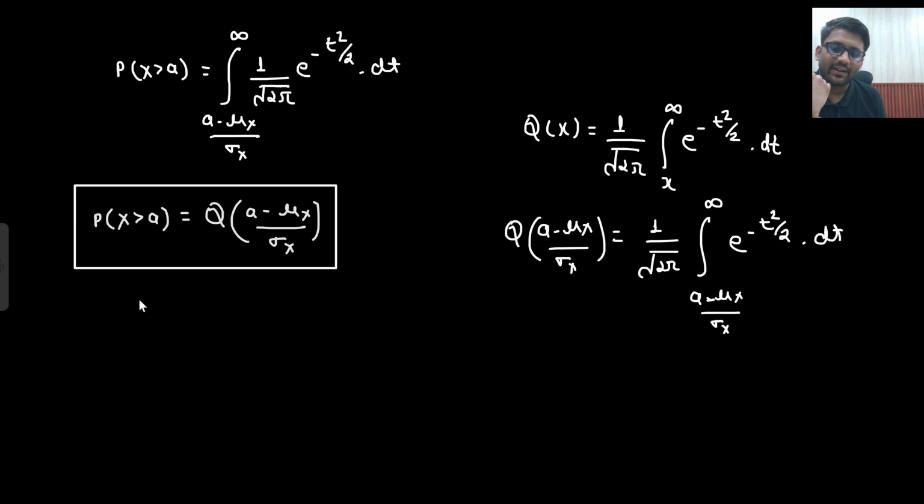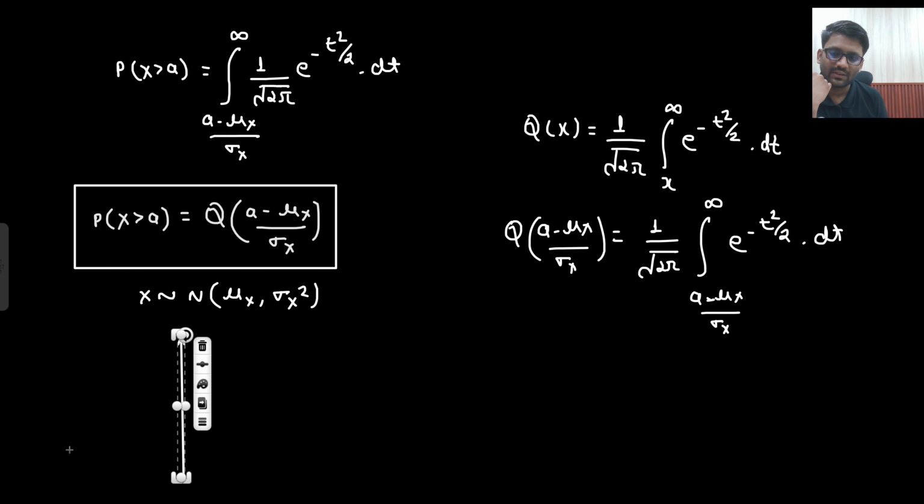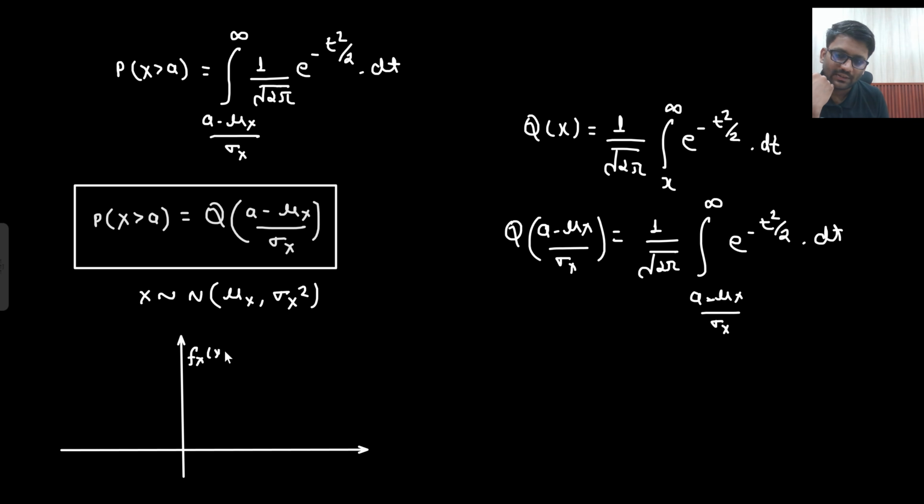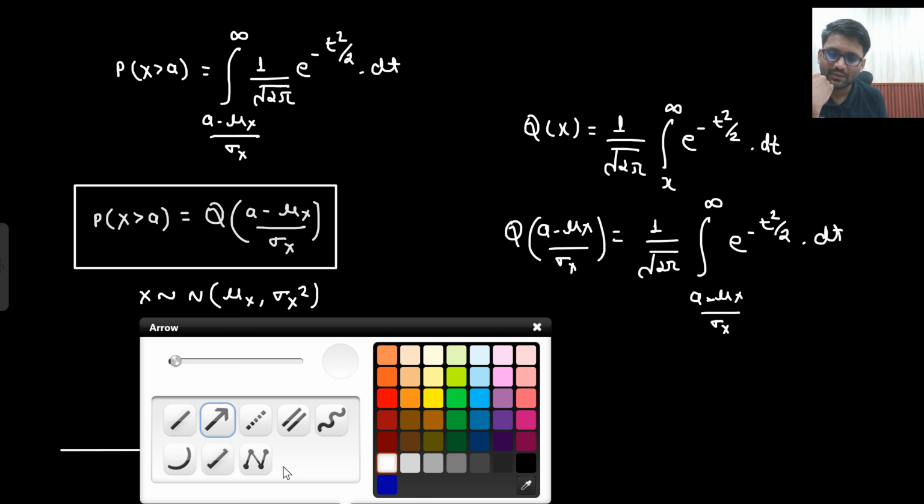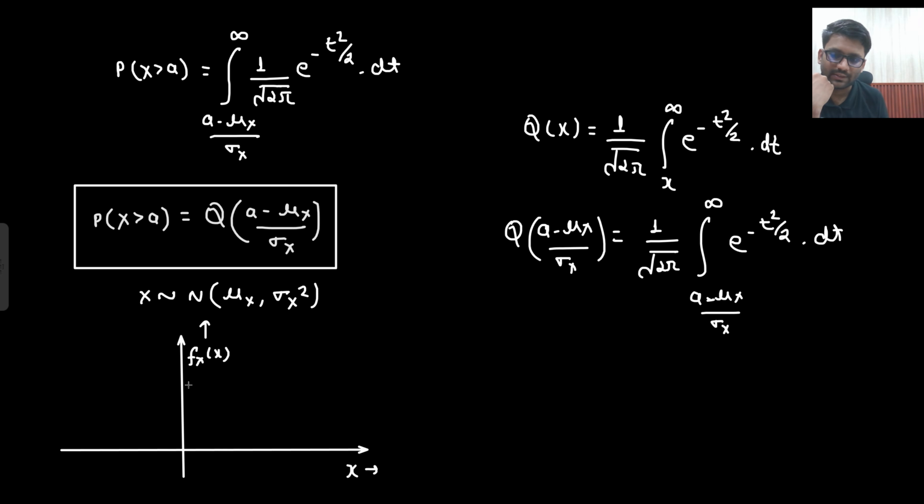So basically a random variable x will be given having normal distribution with the mean mu x and variance sigma x square. You would know how to draw its f x of x. You will draw its f x of x in this manner. Sir, I know how to draw its f x of x. That would be like this.